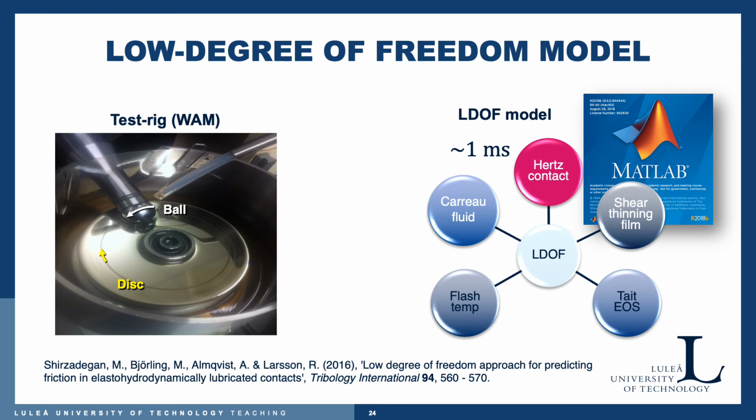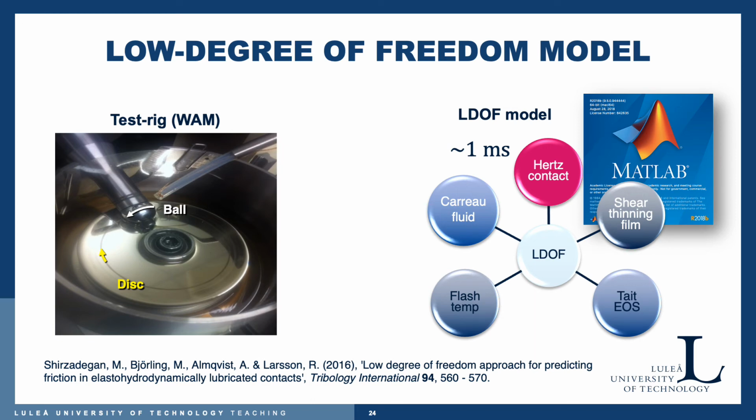The objective for this project was to develop a model able to predict the friction at microsecond level. To do that, of course, we need approximative models. We need quite a few physics to accurately capture the friction in this device, but we also need to simplify it a lot.